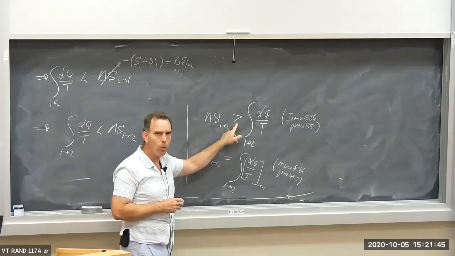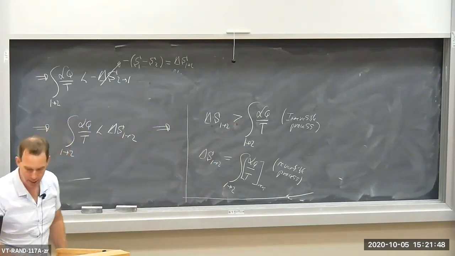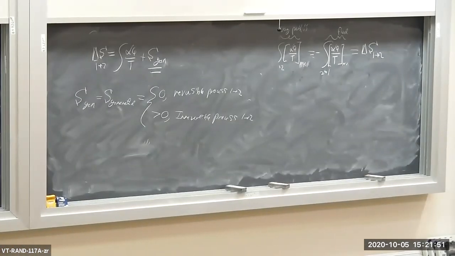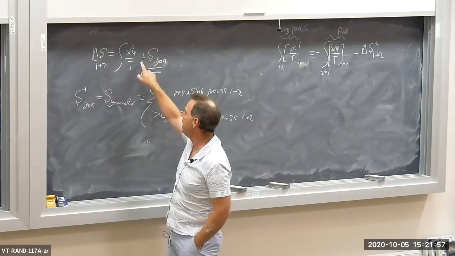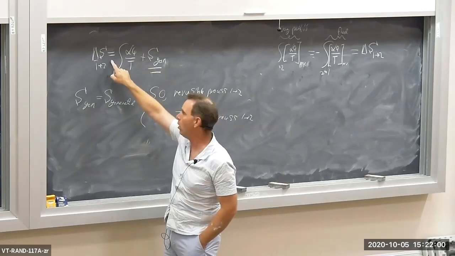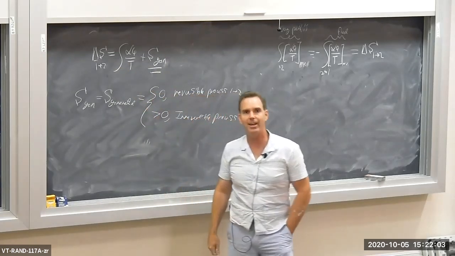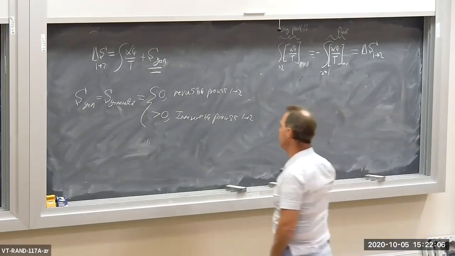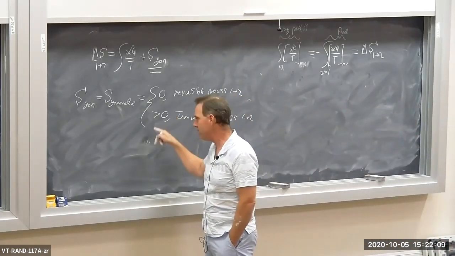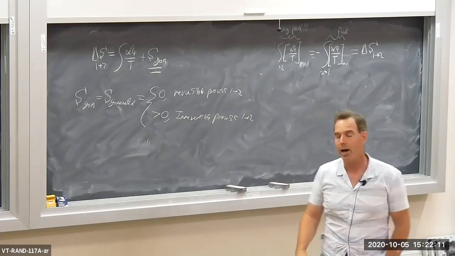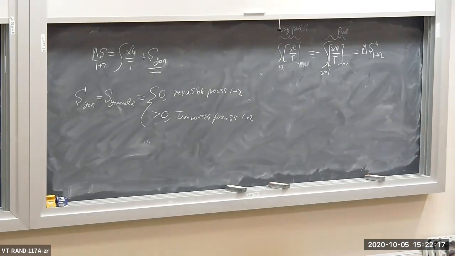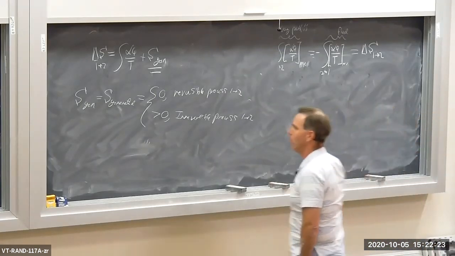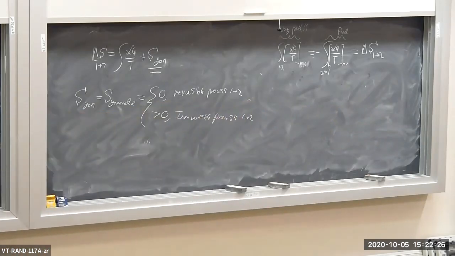We want to work with equalities. That's what we're used to in mathematics and physics and engineering. See here, delta S is equal to the integral of del Q over T plus S gen, where S generated is 0 if it's a reversible process and positive if it is an irreversible process. Okay? So, let's take a pause here.